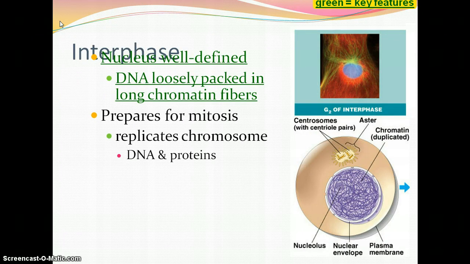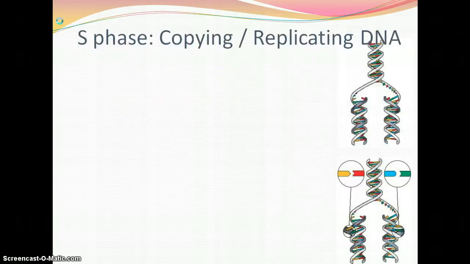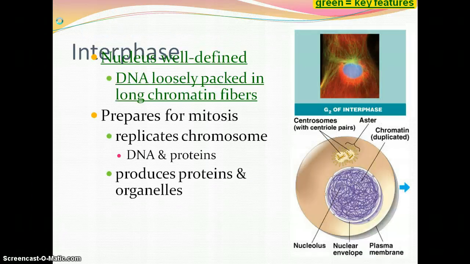So during interphase, if you were to look at a cell, you could see that the nucleus is very well defined and the DNA is loosely packed in long chromatin fibers. So the graphic depiction there on the lower right-hand side shows you those loosely packed DNA. In preparation for mitosis, the replication of chromosomes will occur.